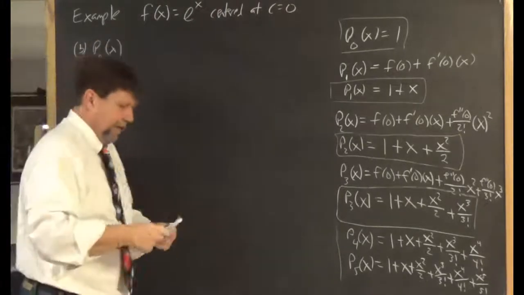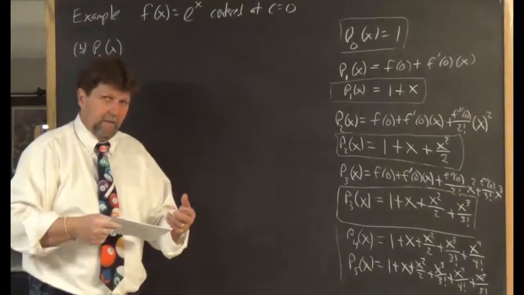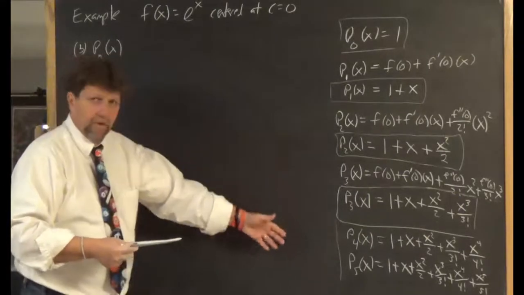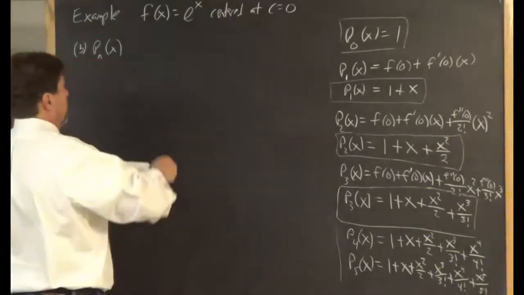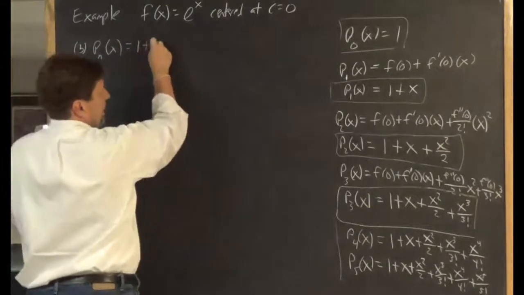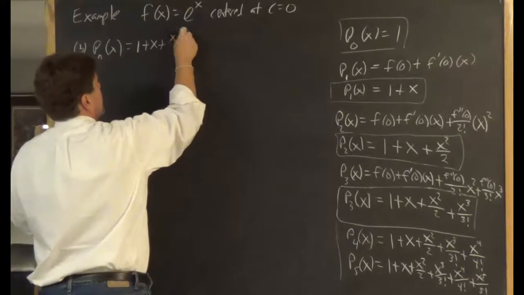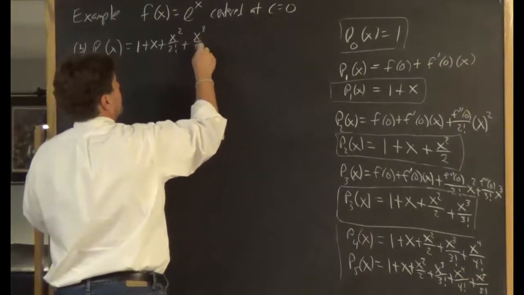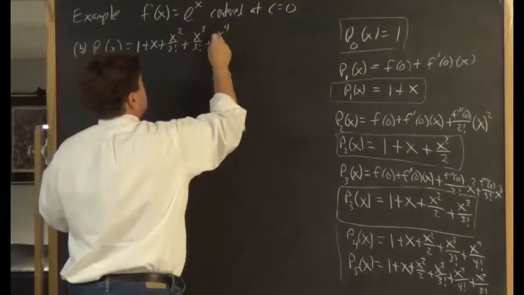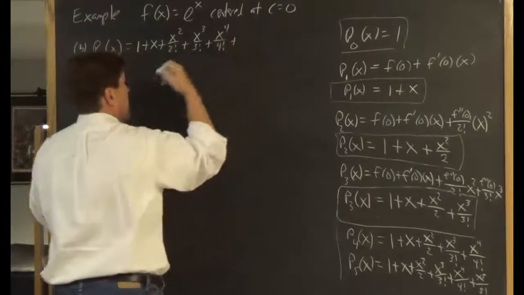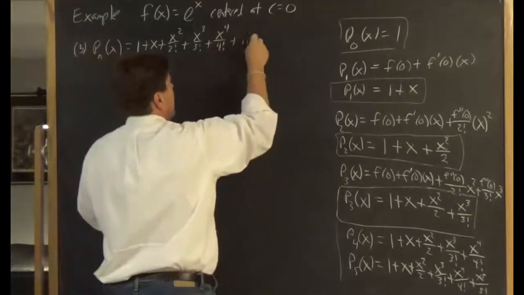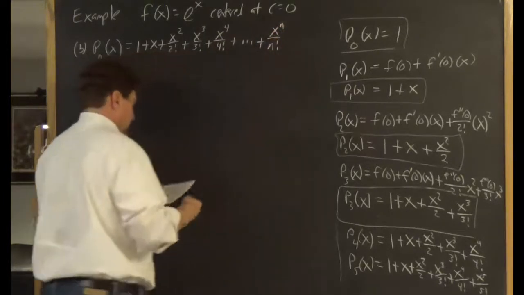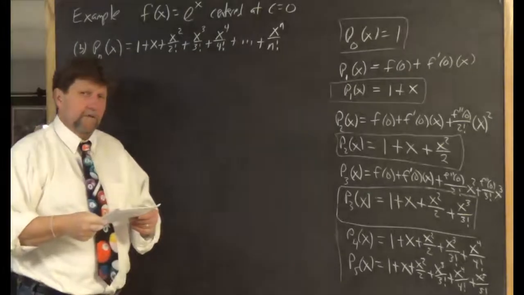It's nothing more than, look at the pattern for 2, 3, 4, 5. It looks like it would be nothing more than a 1 plus x plus x squared over 2 factorial plus x cubed over 3 factorial plus x to the fourth over 4 factorial plus and so on, up to x to the n over n factorial.